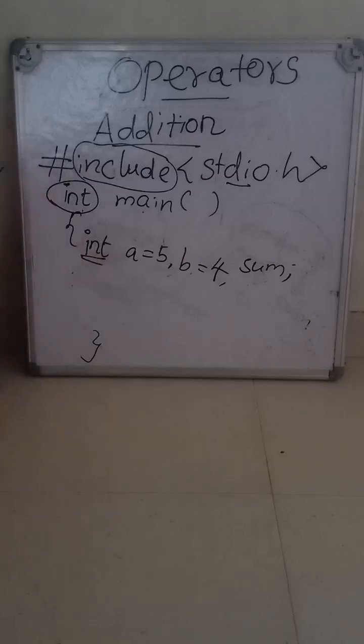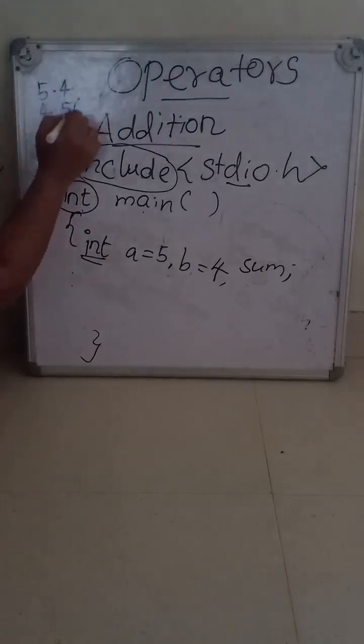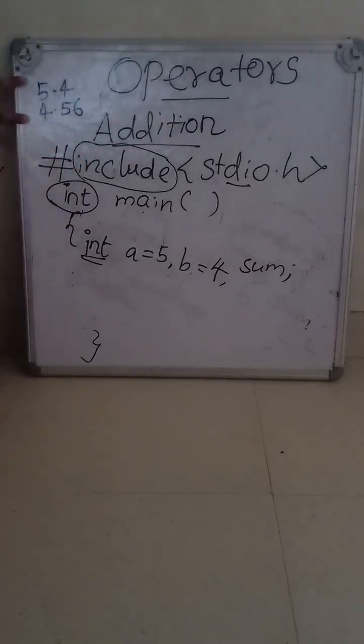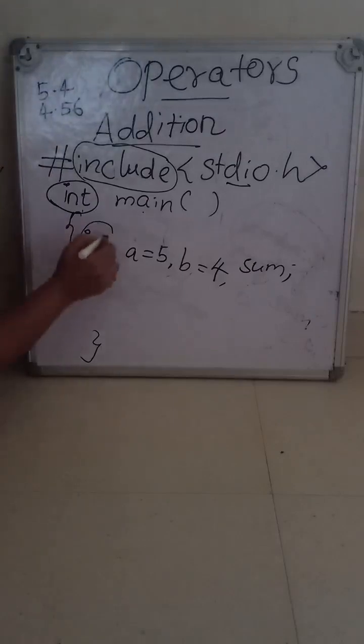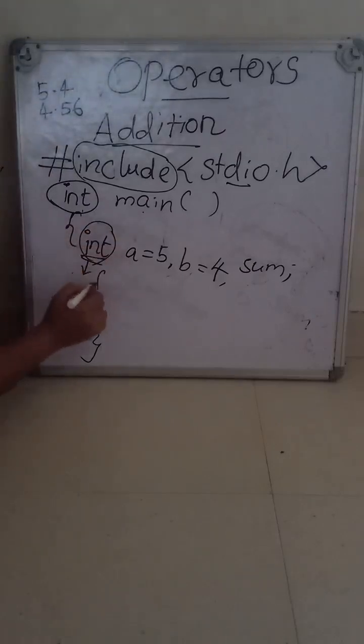For example, if I am going to perform addition on floating point values, what is meant by floating point? That is real values, like 5.4, 4.56. If I am going to perform addition on these kinds of values, instead of integer I am going to declare them as float.